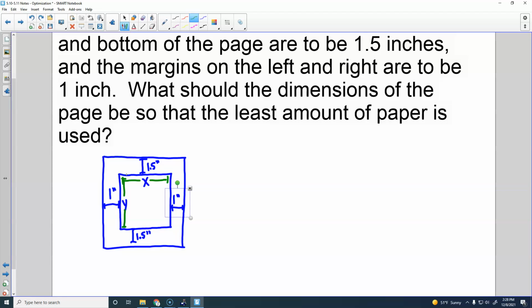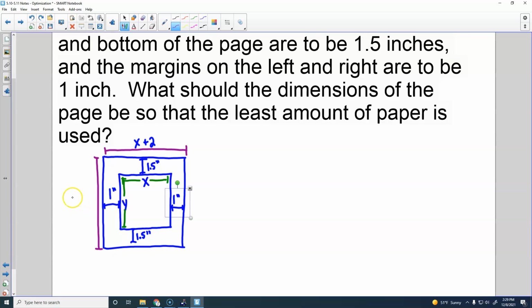Yeah. All right, so we are wanting to minimize the total amount of paper used, right? So the area of the whole thing. So if this part right here is X, then what is the length of the top edge? X plus 2. Good. And then, what is our height here?